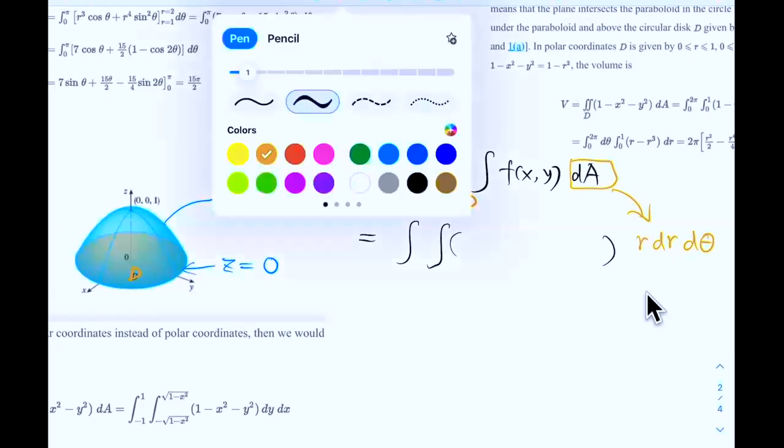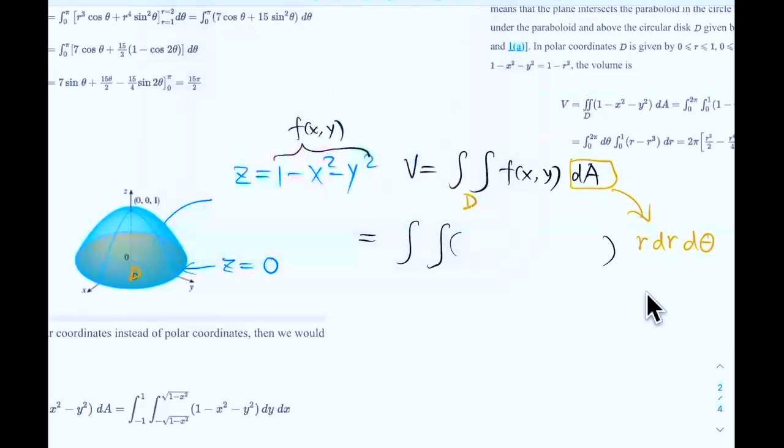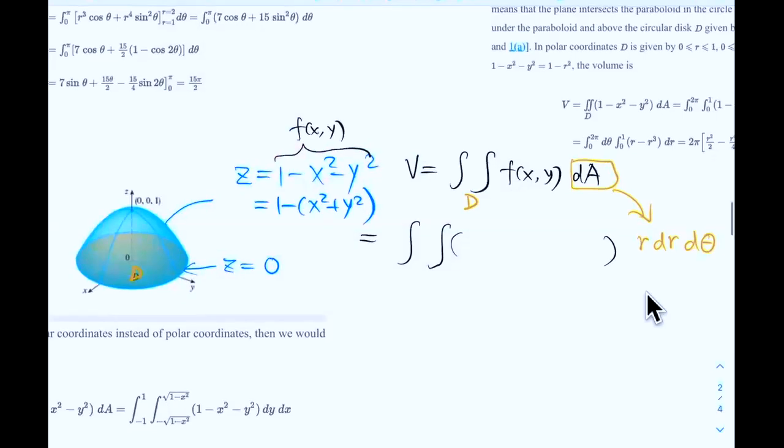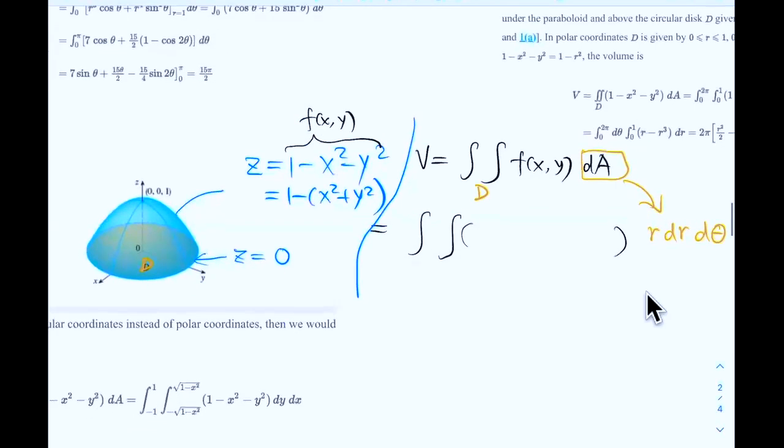So what do we have here actually? You have 1 minus (x squared plus y squared). Do you guys remember this? x squared plus y squared is actually what in polar coordinates? Right? This is r, this is x, and this is y.